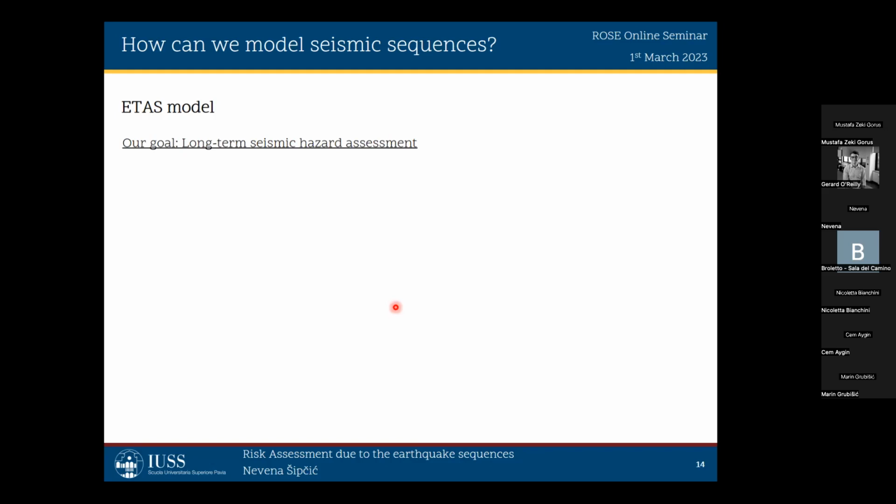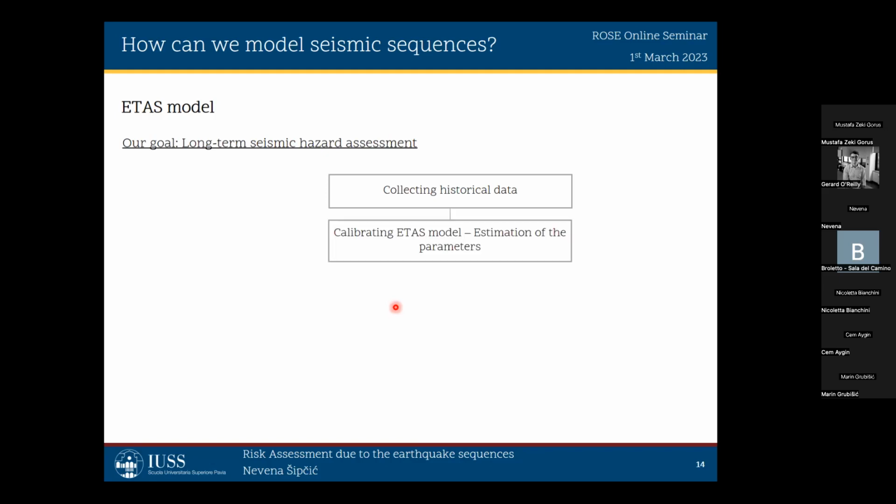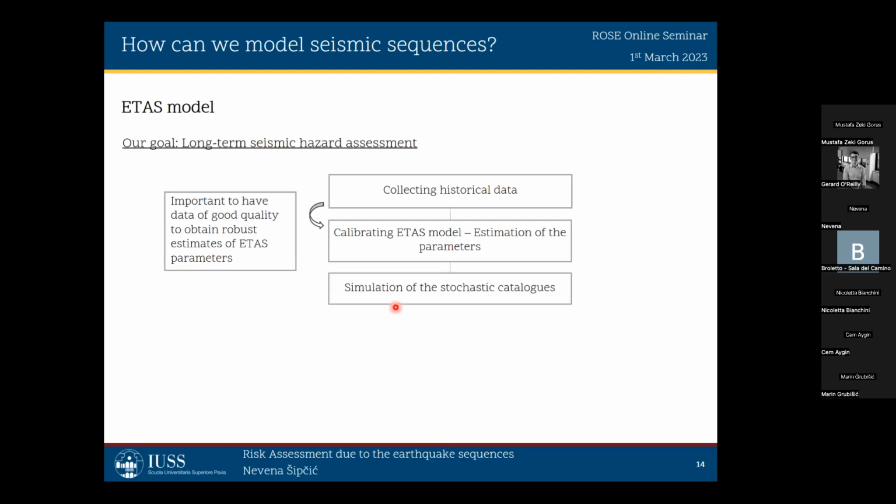The steps that we follow when using the ETAS model are basically collecting the historical data, then calibrating the ETAS model, so estimating the parameters that I just showed. Here it's very important to have data of good quality to be able to obtain robust estimates of the ETAS parameters. So it's very important to have a good catalog of events where we have many sequences observed, a low completeness magnitude, and so on.